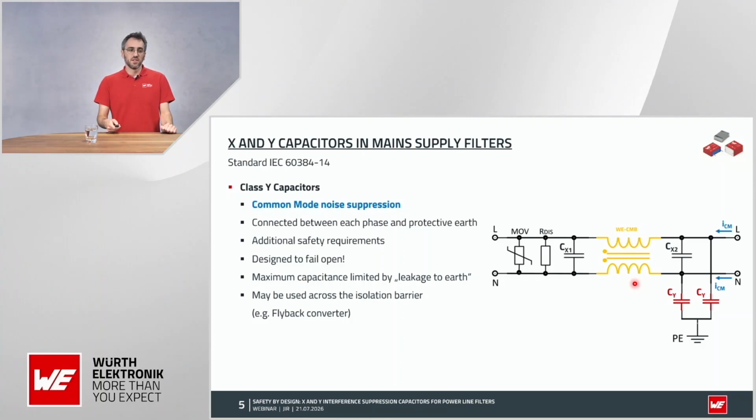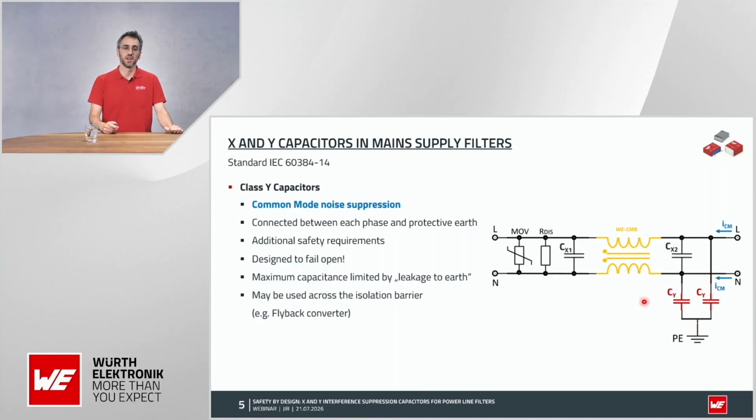Now, normally you will see this kind of filter, and the common mode choke is also playing a very important role in common mode suppression, as the name suggests. The common mode choke provides a high impedance path, so it's blocking the current, but the current has nowhere to go, and the Y capacitors provide the low impedance path to earth to get rid of that noise.